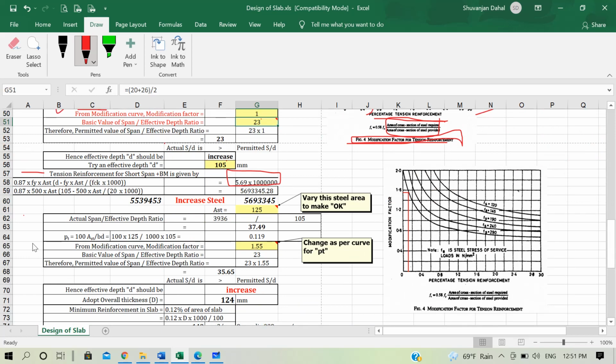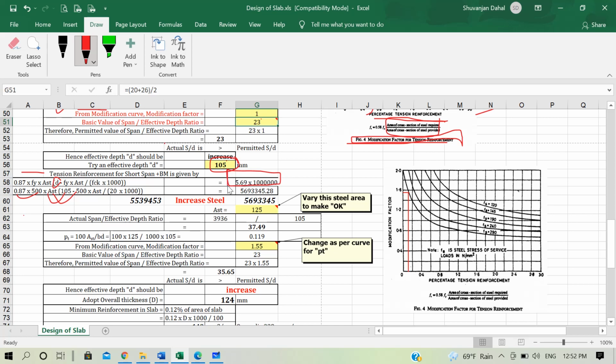So in this formula, now we have the value of d here, which is 105 mm, and you have to vary the value of AST and then determine such a condition in which this maximum bending moment capacity of our slab section, based on this formula, is greater than the bending moment that is coming onto the slab due to the loads.